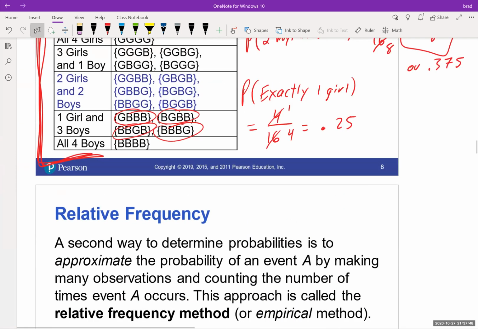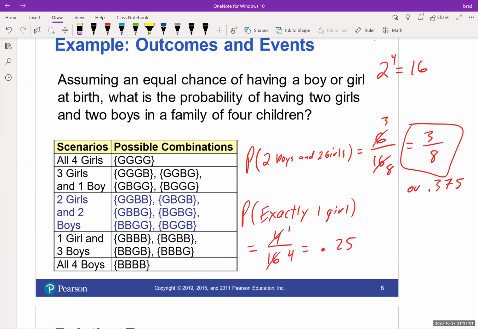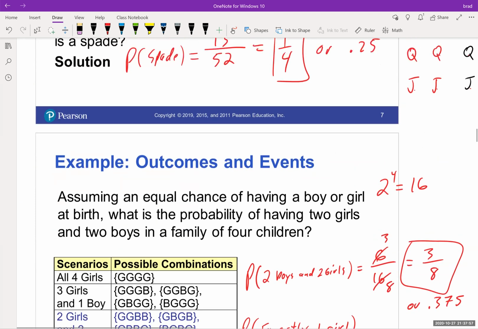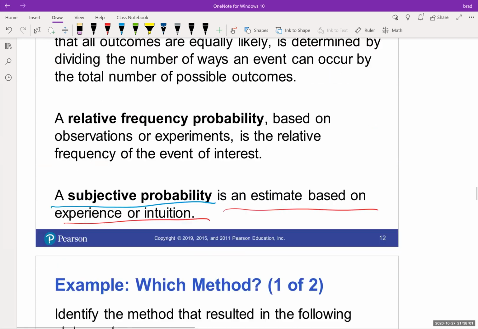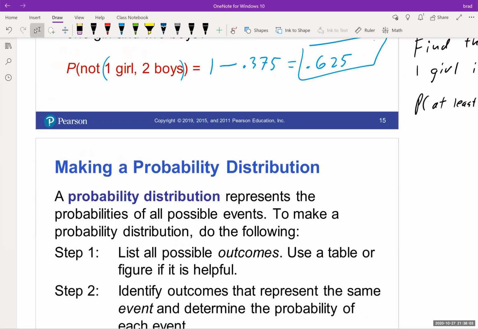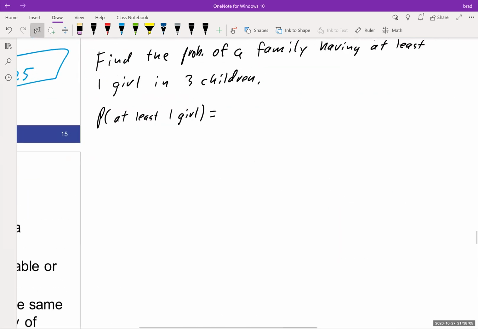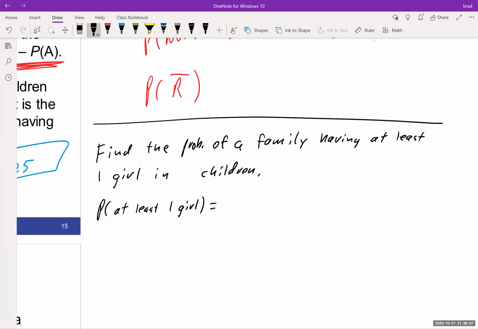Okay, so what I'm going to do is I'm going to come up here, and here's a family. Oh, you know what? That's not good enough. That doesn't help because that's for 4. Okay, well, let's do it in a family of 4. Okay, so we can use that chart. 1 girl in 4 children. Let's do 4. I forgot the chart was for 4.